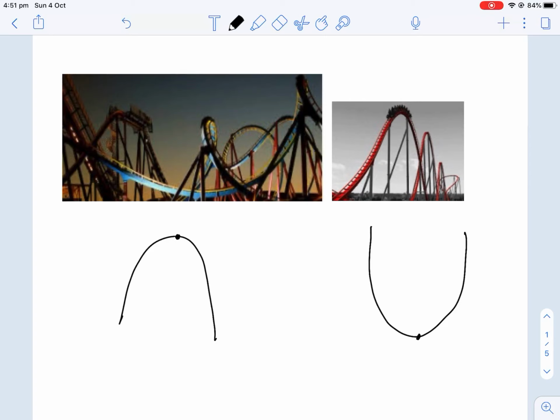The first shape here, we call concave up, and this one is concave down. I do not normally say concave up or concave down.